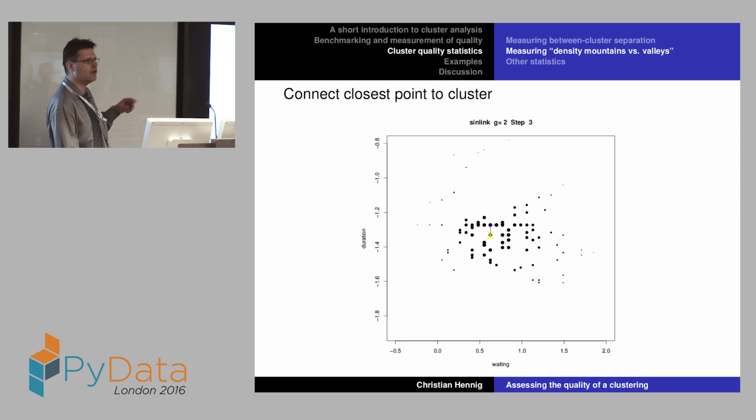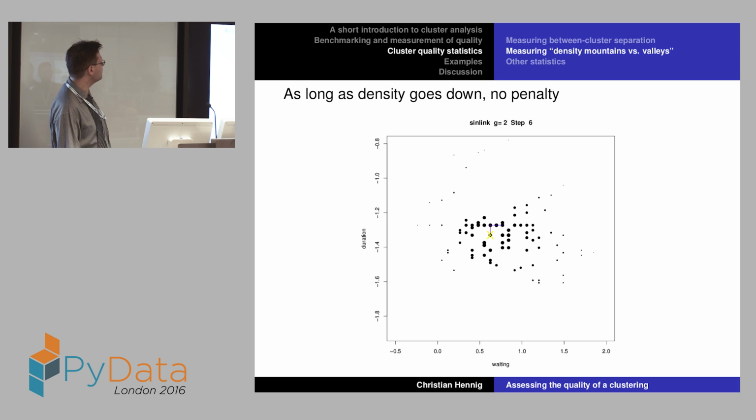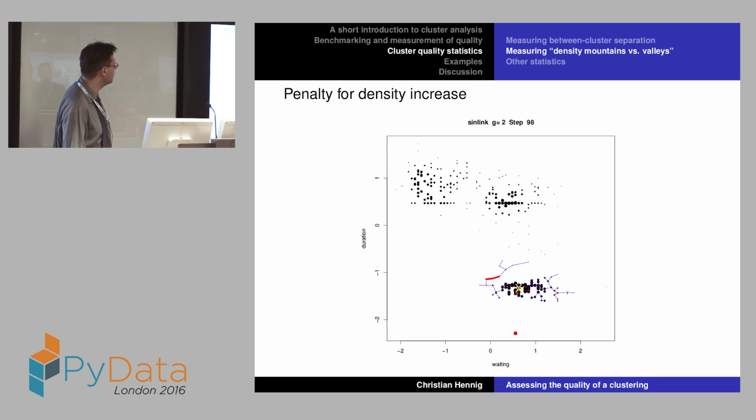Always I go for the closest point to what is already connected, and I add a penalty if the density is up, but none if the density goes down, and we collect these penalties. So at some point, the density will go down. So this is red. Whenever there's red, there's a penalty.